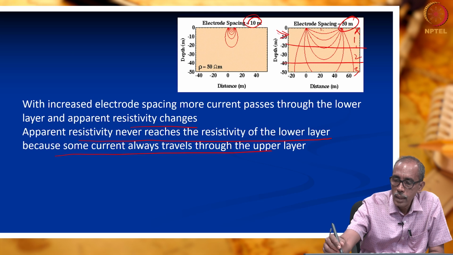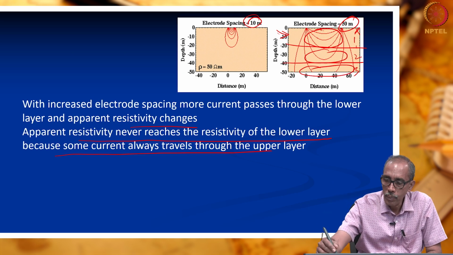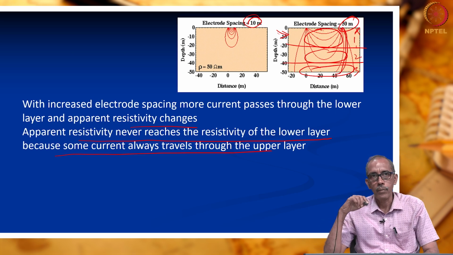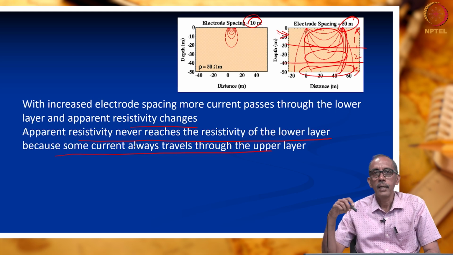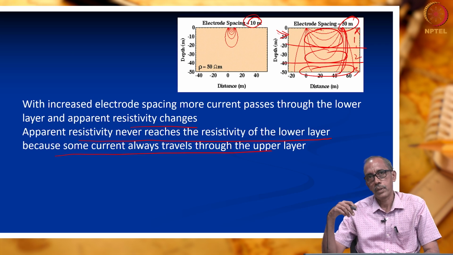Part of the current passes through the first layer, partly into the second, and part of the current passes through the third. Again it passes from here, it passes to 1, then 3, 2, 1 and reaches the electrode. So, apparent resistivity will never be equivalent to the true resistivities of the layers found at greater depth.